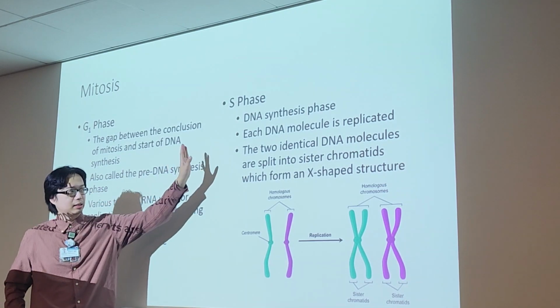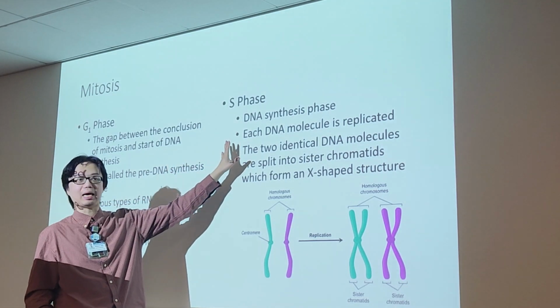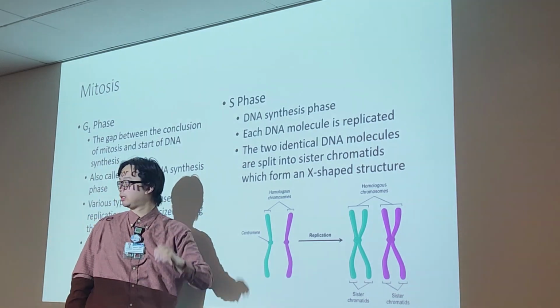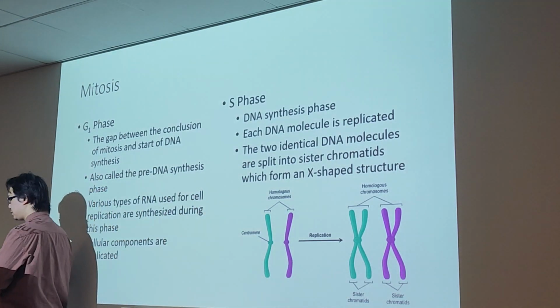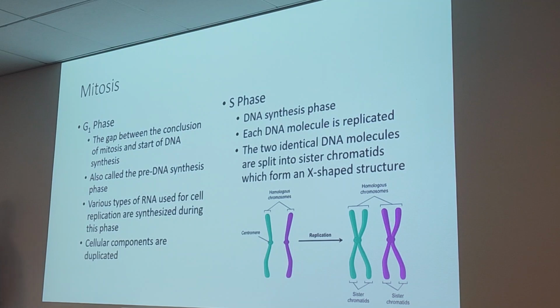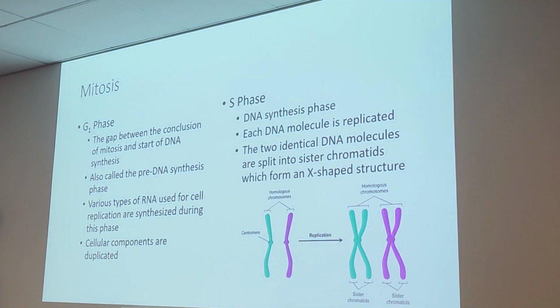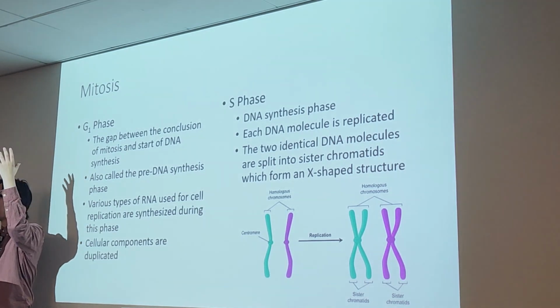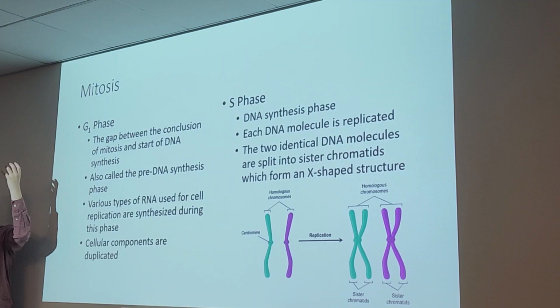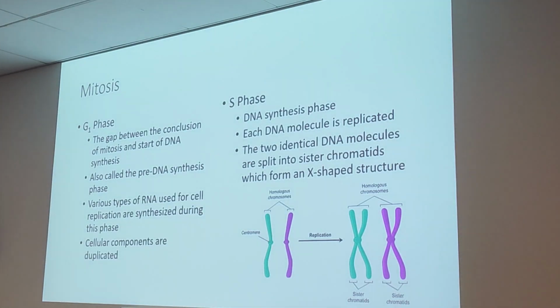S phase, this is when a lot of the action begins to take place. In the S phase, the cell is like, okay, enough procrastination, it's time to get ready for cell division. I have my DNA, but I only have 1 copy of it. If I want to divide into 2 cells, I need a second copy of this exact same DNA.